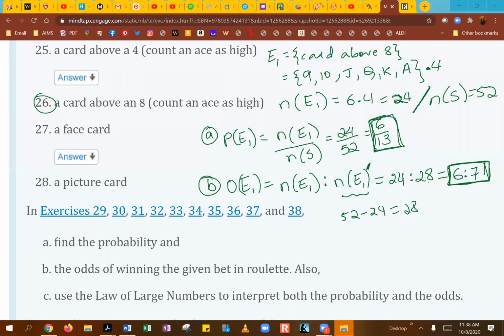So, of course, you would have to keep trying to select a card when you shuffle a deck and you pick a card, and then you would have to see how many times you get a card above the number 8, and how many times you ended up doing that. But yeah, definitely that is a possibility that will happen.